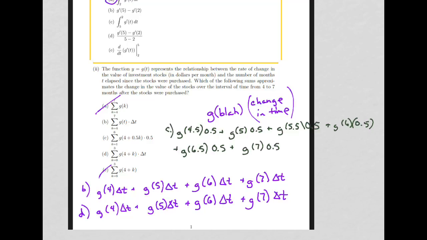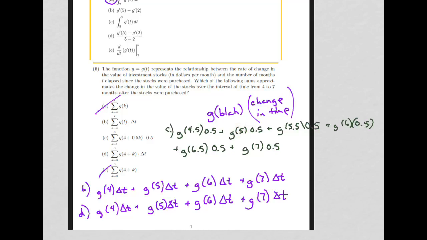Okay, so here we go from 4.5 to 7. And so both of these look good. Here we're just dealing with a delta t, which is specific, which is 0.5, which makes sense because we're plugging in 4.5 and then 0.5 later we're plugging in 5, et cetera.